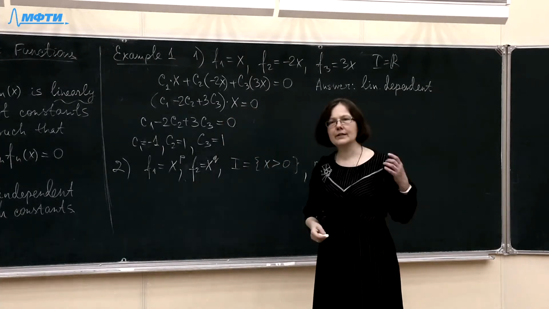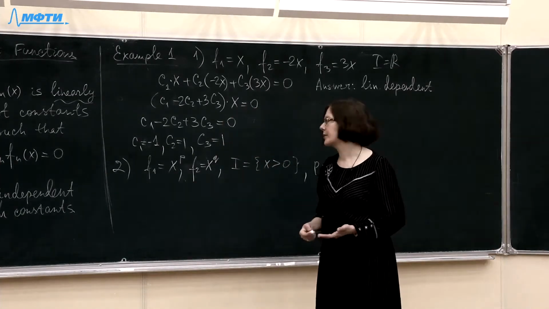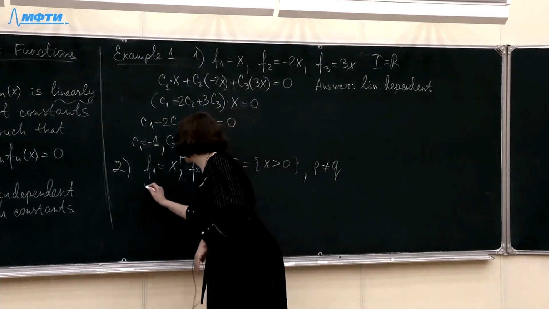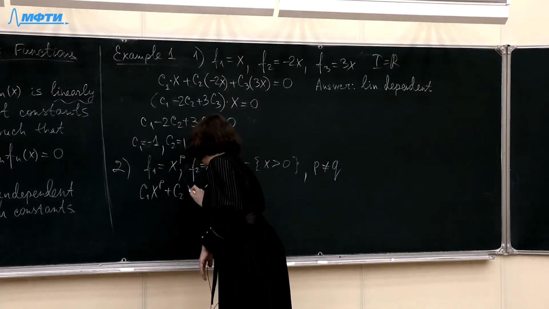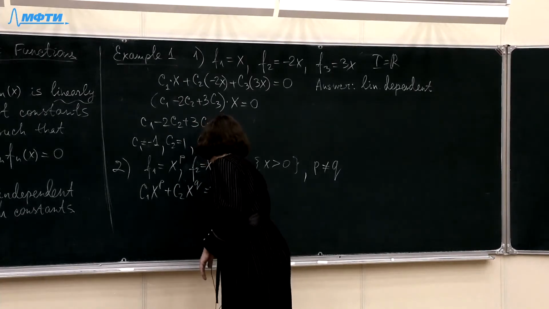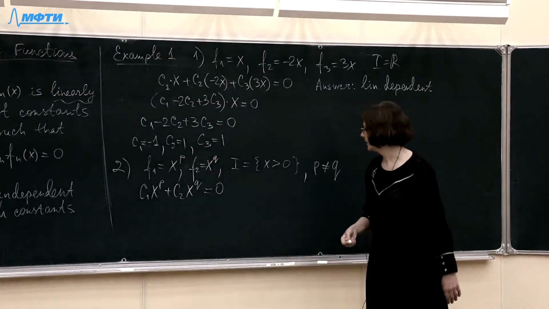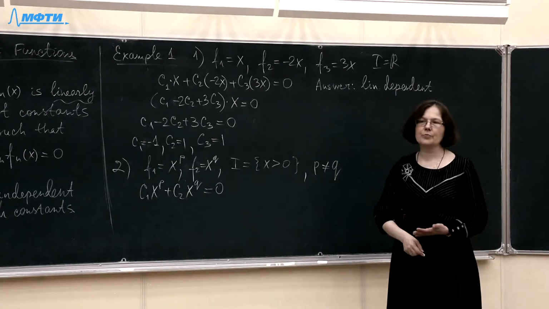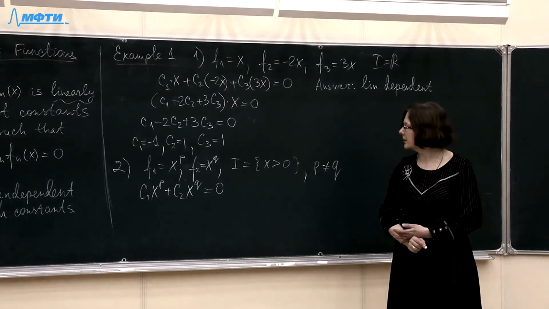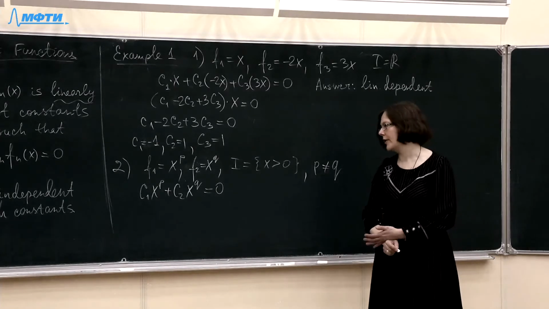Let's check whether these two functions are linearly dependent or independent. So let's try to solve the following equation: C1 times x to p plus C2 x to q equals 0. And this equation should be satisfied identically for any value of x.